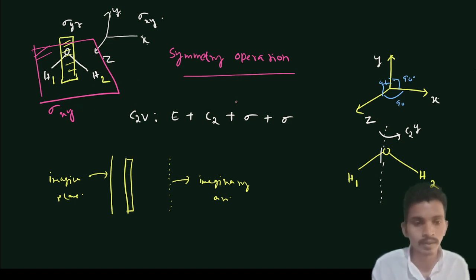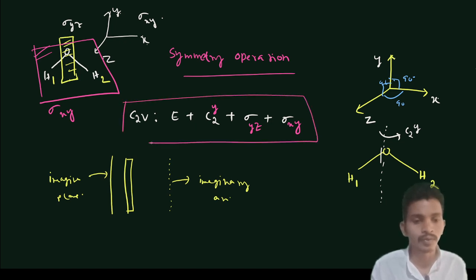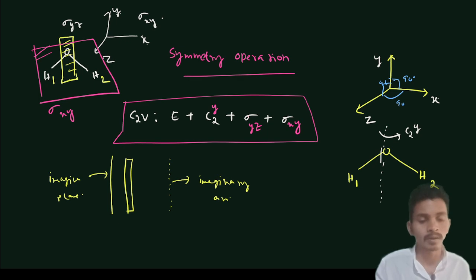So two planes are there, one is sigma yz, another is sigma xy. And this C2 is along the y direction, this is C2 y. So these symmetry operations are present in C2 y if you mention the directions of the axes or planes.